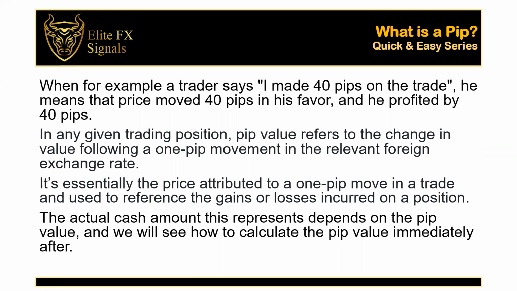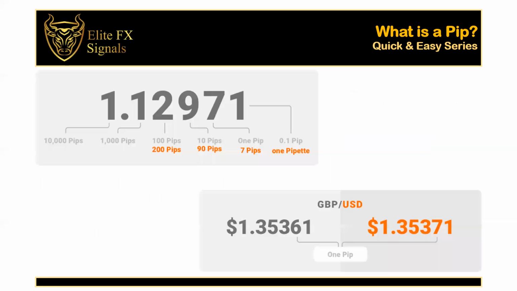In any given trading position, pip value refers to the change in value following a 1 pip movement for that exchange rate, okay? So in the previous example, the pip value, which we don't know yet, for the pound dollar can be calculated because we do have at least 1 pip change in the currency rate.